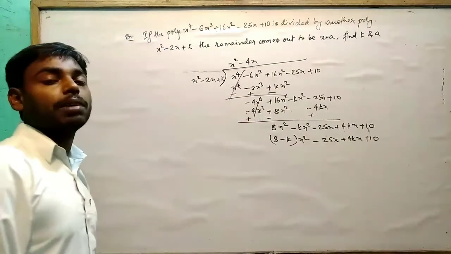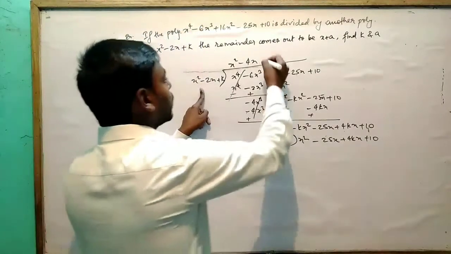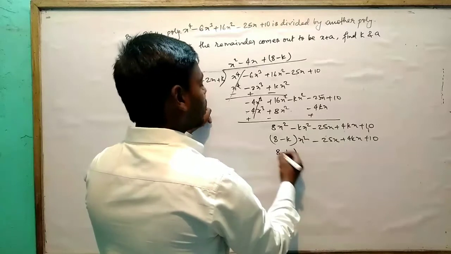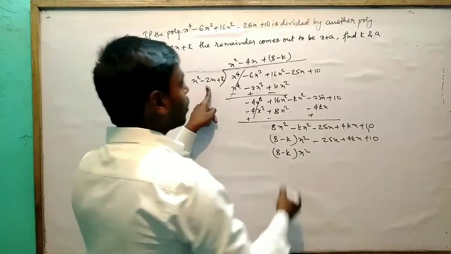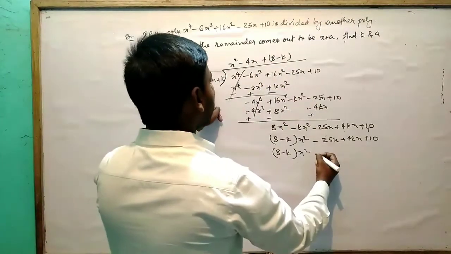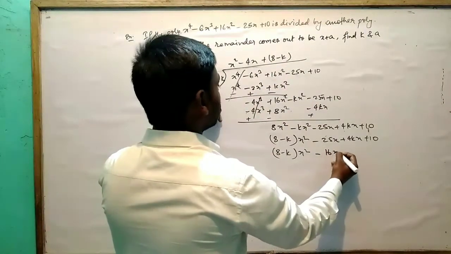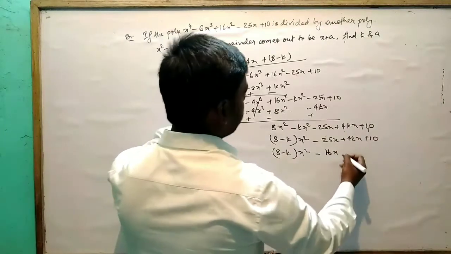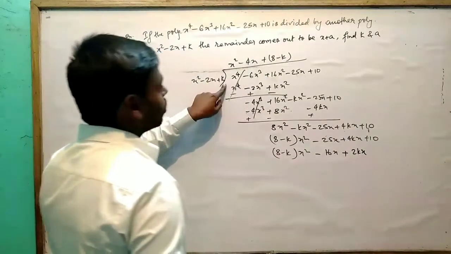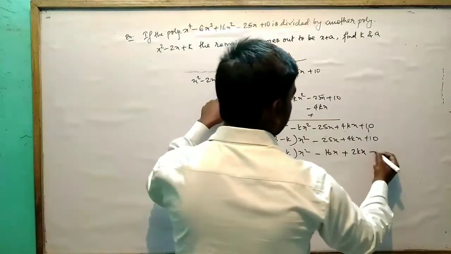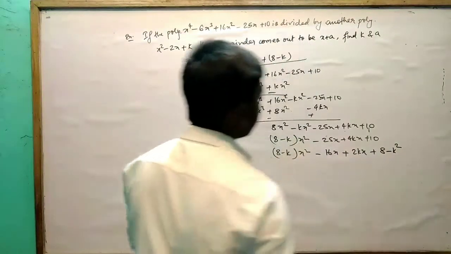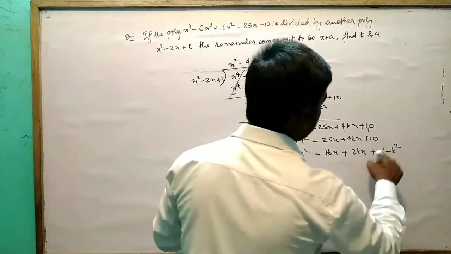Now we multiply by the term 8 minus k. We get (8 minus k)x square, and multiplying by minus 2x we get minus 16x plus 2kx. Again multiplying by k, we get 8k minus kx square.